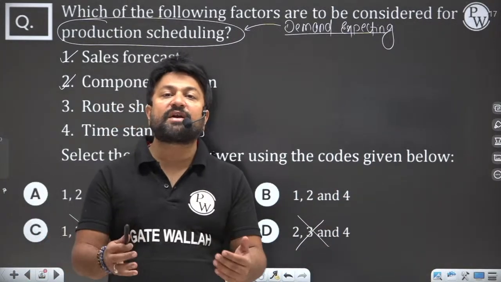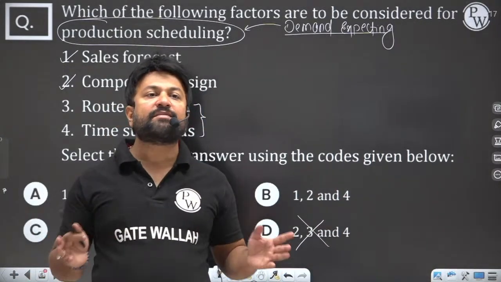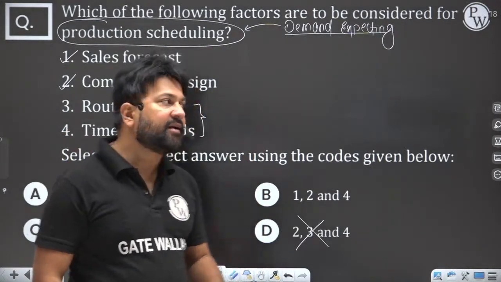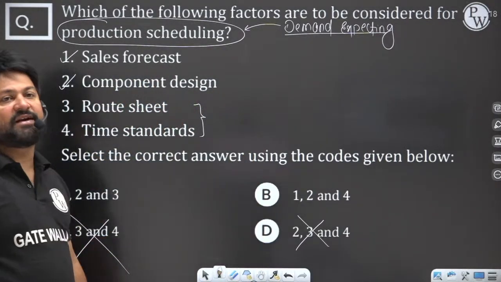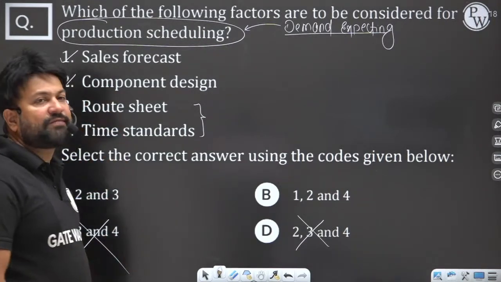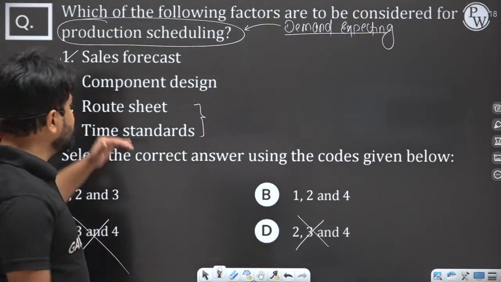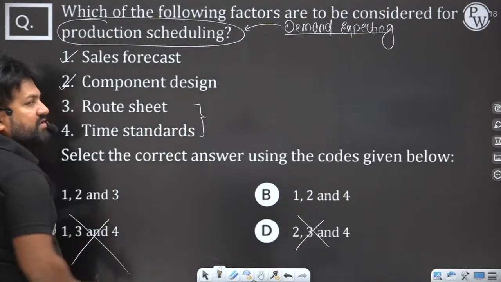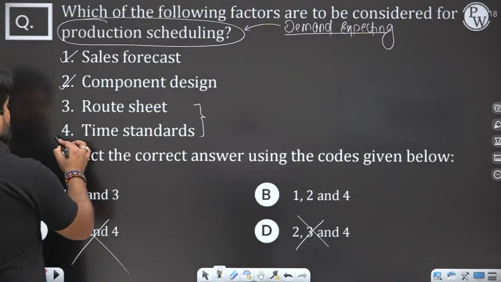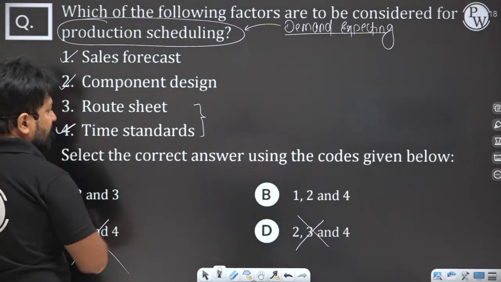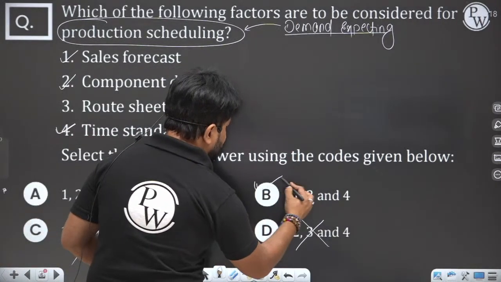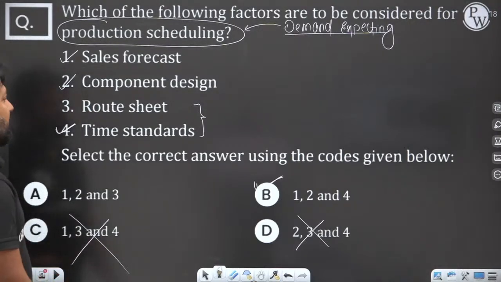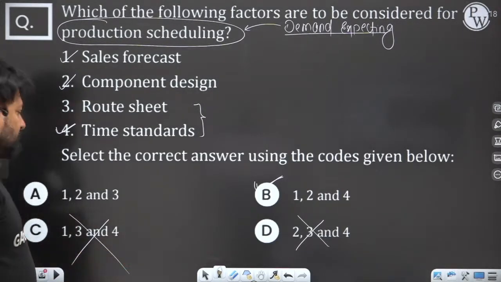So overall, time standard will provide you the scheduling information. Route sheet is a part of time standard, my dear. So they are very close, and you have to select the fourth one. So your option becomes B. Am I clear?